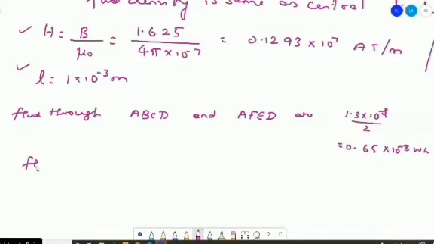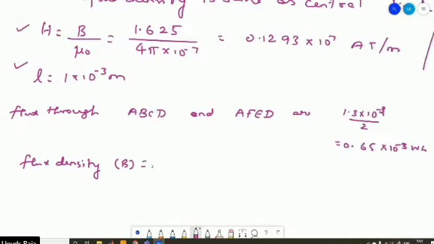In this case the flux density B is equal to phi by A. Phi is known to us, 0.65 into 10 to the power minus 3, and the area of cross section is given in the question to be 500 into 10 to the power minus 6 square meter. Ultimately, you get 1.3 Tesla.